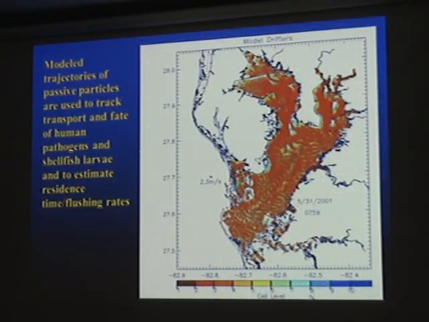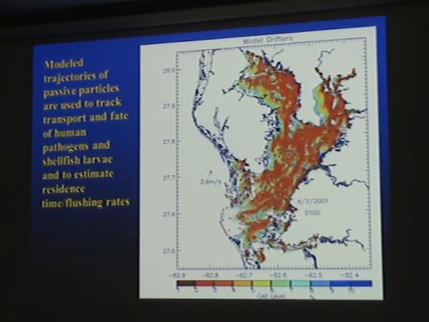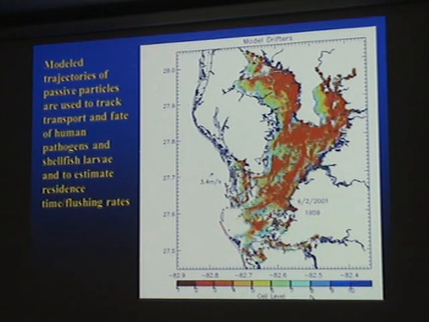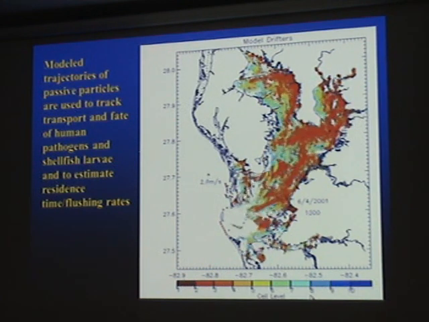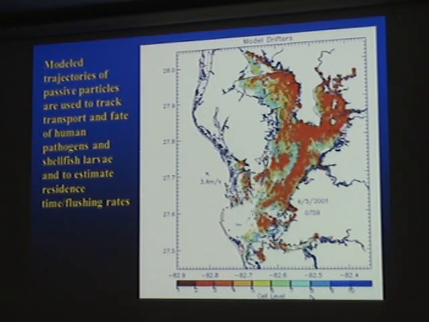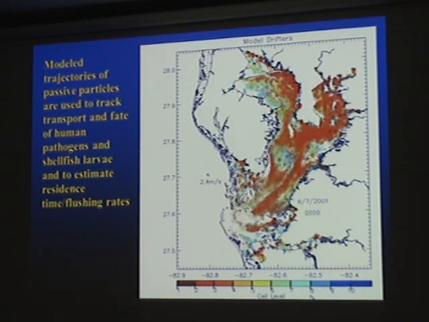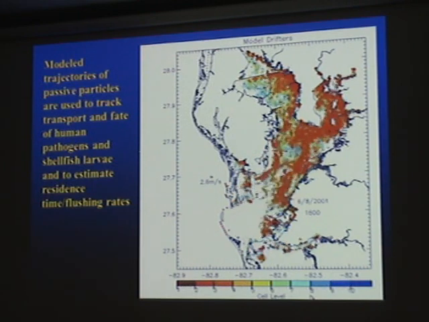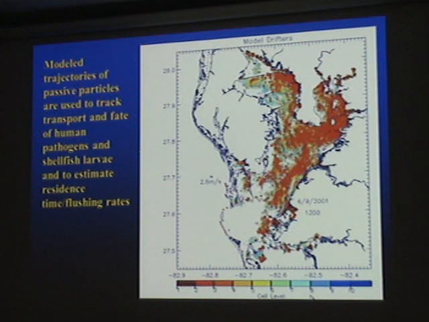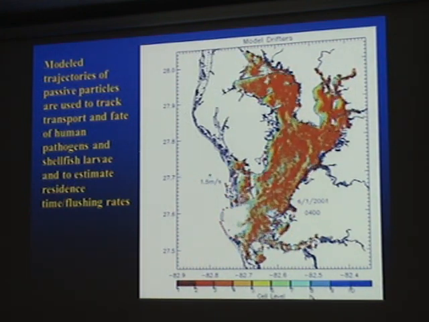We've been doing a lot of basic work on trying to understand how water flushes out of the bay. This is an animation. We just took the model field and we seeded it with thousands of passive particles and allowed the flow in the bay to wash the particles around.